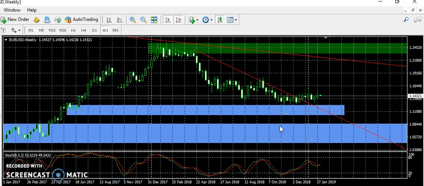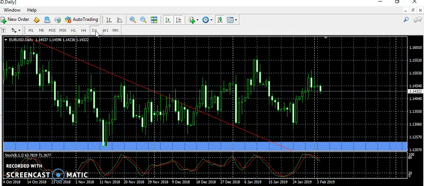So we can understand why the weekly trend is being broken and there's demand there, because we have larger time frame demand in control, so the weekly downtrend is now broken. So let's get to the daily time frame and see.